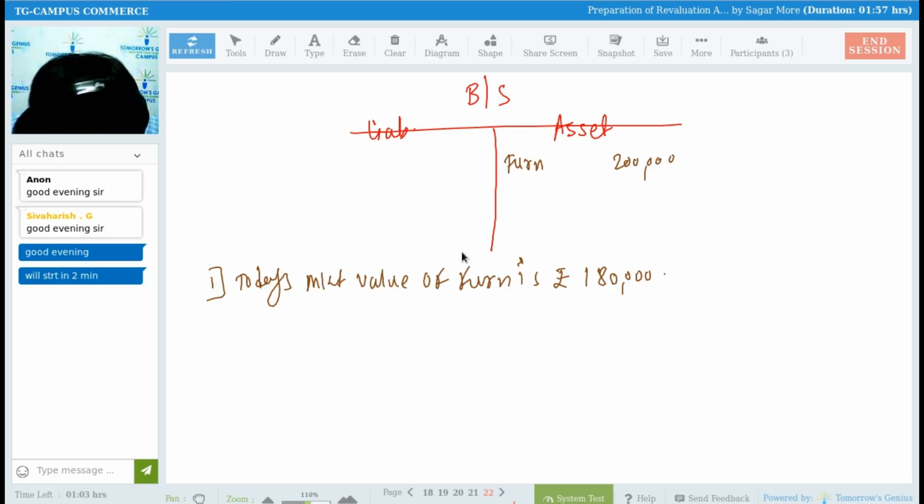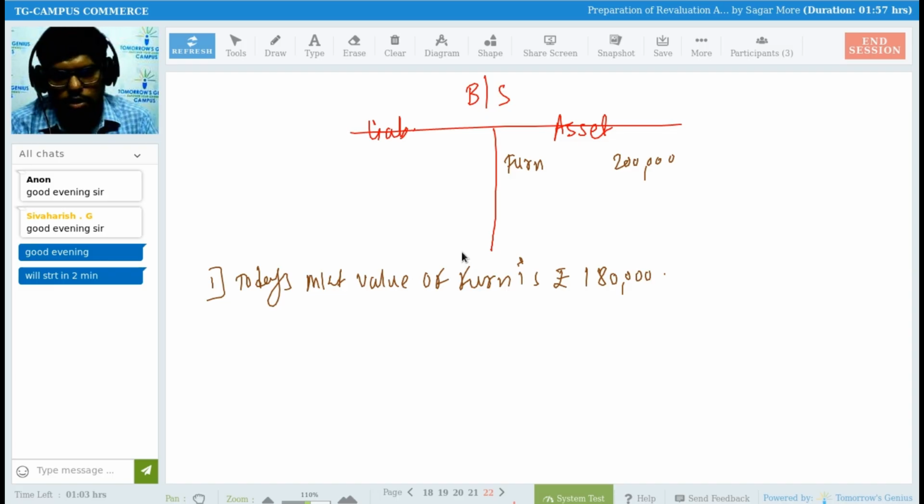Now tell me what we have to do. As per the balance sheet, the value of furniture is 2 lakh. But in the adjustment, it is given that today's market value is 1,80,000.